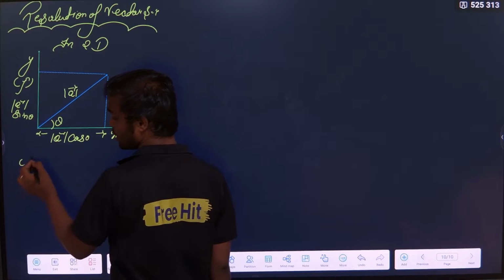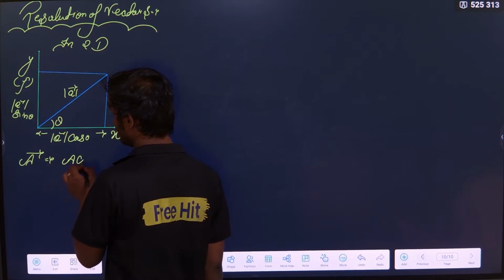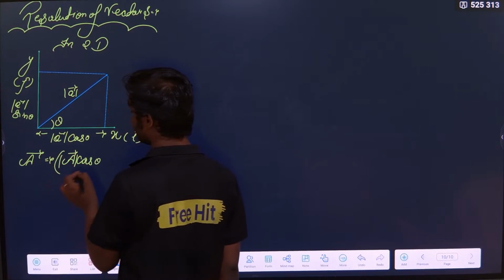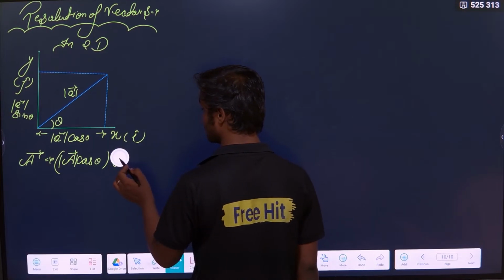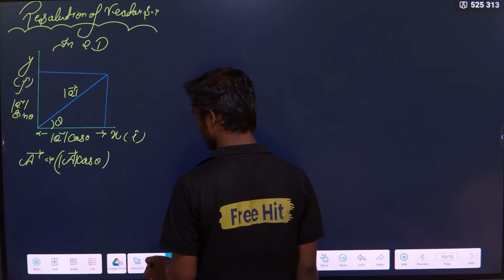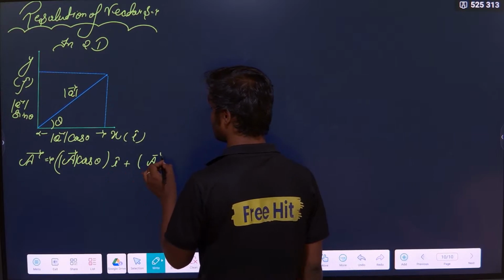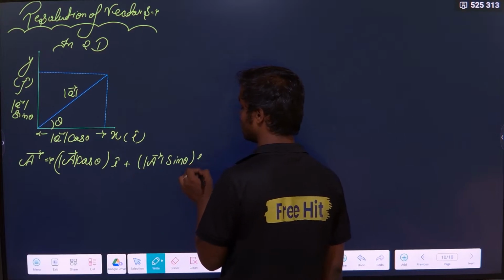So I can say my vector A can be written as A cos theta magnitude in i cap direction, i cap means along x, plus mod of A into sin theta in j cap direction.